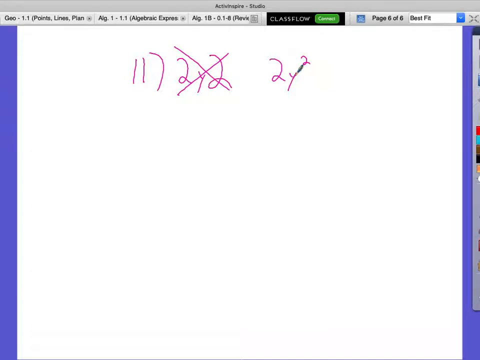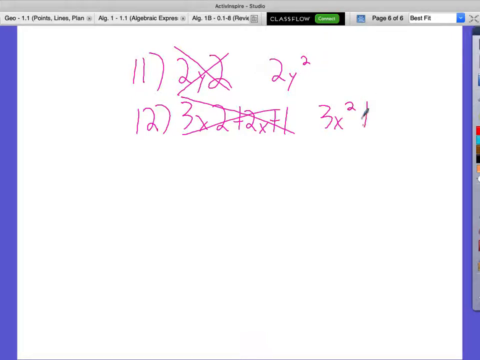Okay, we have them on 12 and 13 as well. On 12, it says 3x2 plus 2x1 plus 1. What it should say, 3x squared plus 2x plus 1. Okay?